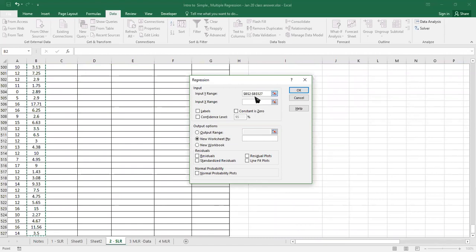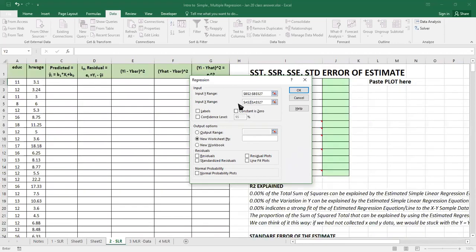Sa X naman, so we go here. So si A naman, si X, A2. Okay, sige, pause muna ako para masundan nyo.